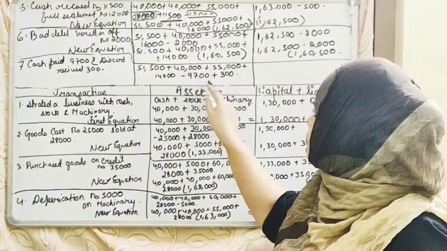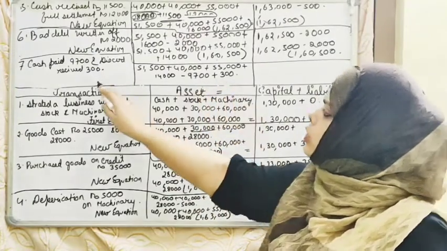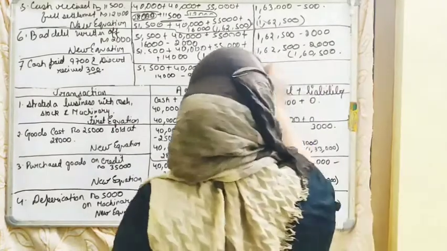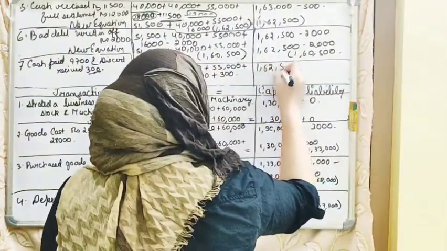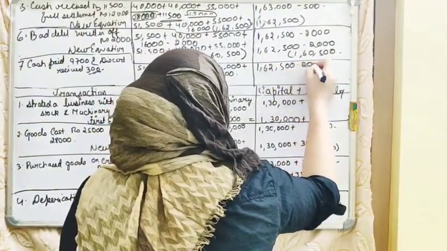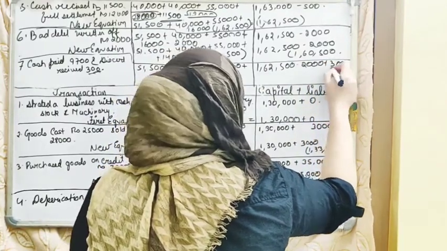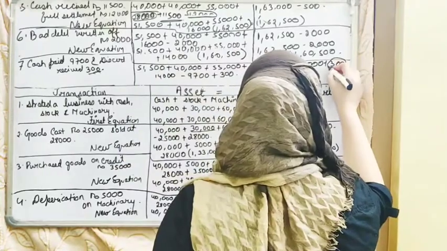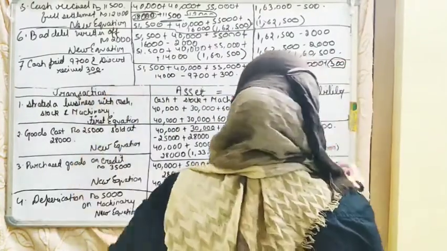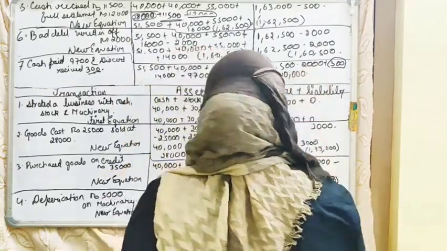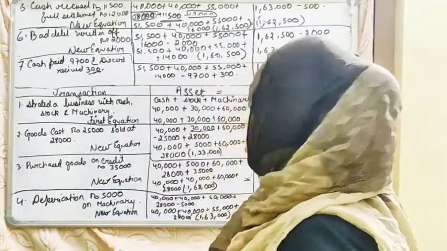Plus 300 because we have received a discount, which is a benefit to us. 1,62,000 minus 2,000 plus 3,000, and we are given 300 as a discount, minus 10,000 because the 10,000 is the amount we were owing to others.